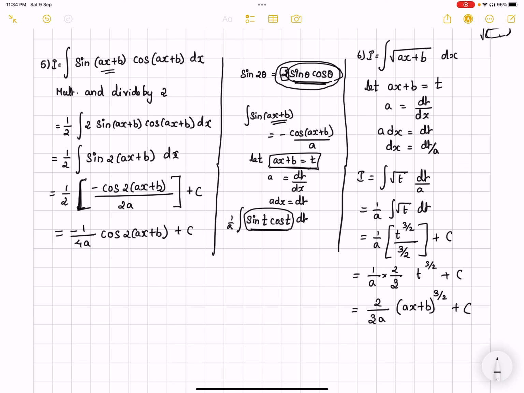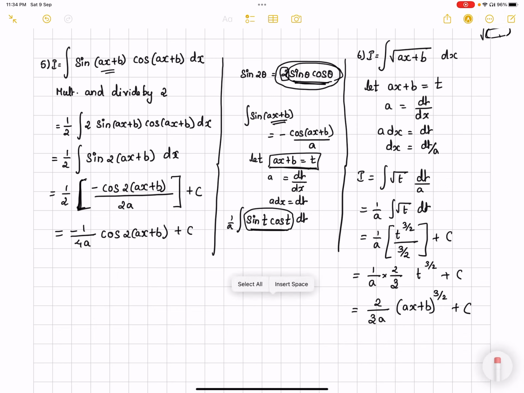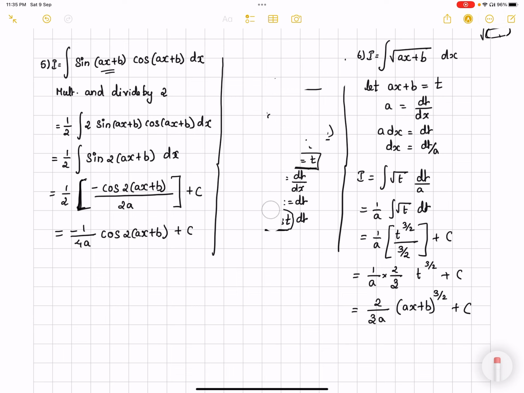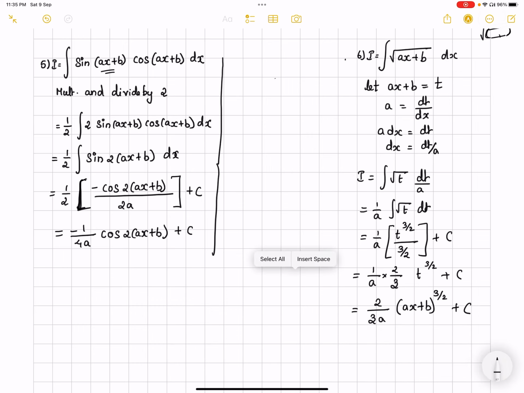Right? This problem can be done directly as well. Suppose I have here, now let me just erase this part and show you how to do it in a direct way. So here, I will use a different color to show this particular workout.